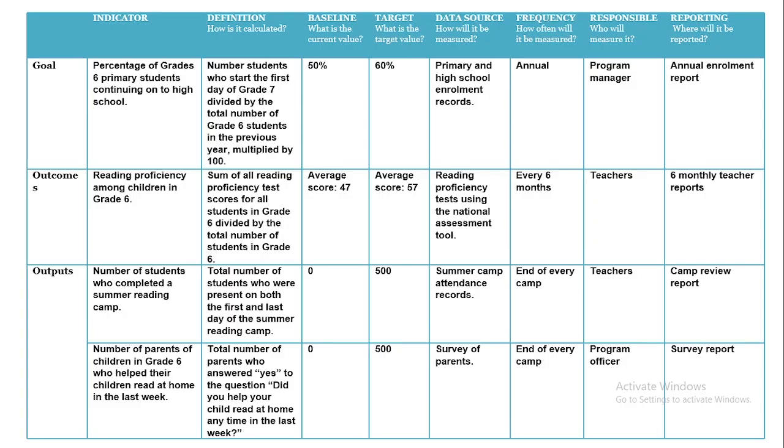So here I have a brief example of a monitoring and evaluation framework where I have the goal, which is the percentage of grade 6 primary students continuing on to high school.